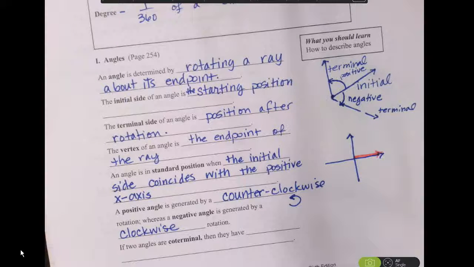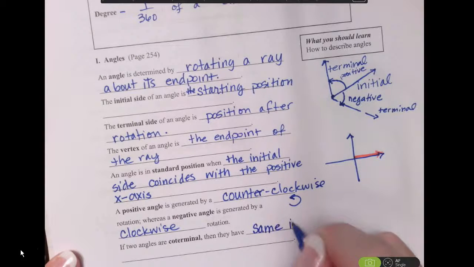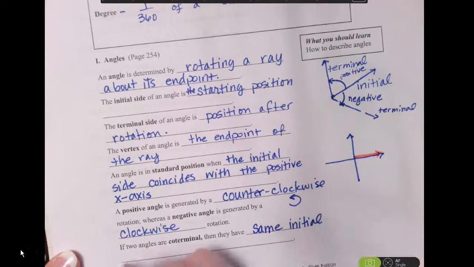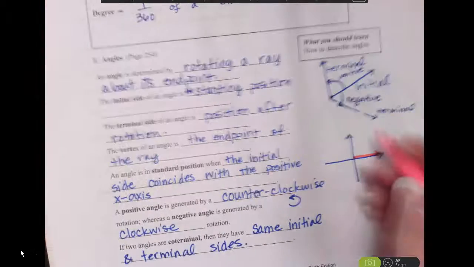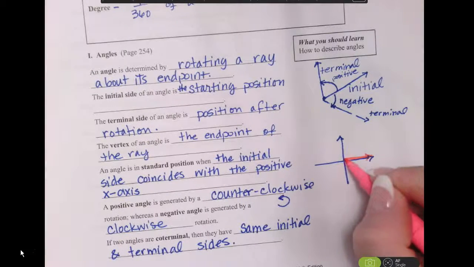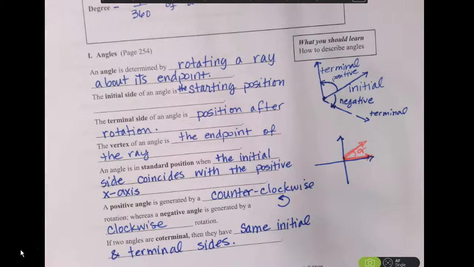If two angles are coterminal, that means they have the same initial and terminal sides. To give you an example, I'm going to sketch angle alpha on my same coordinate plane right here. I'm not even going to give it a degree measure.